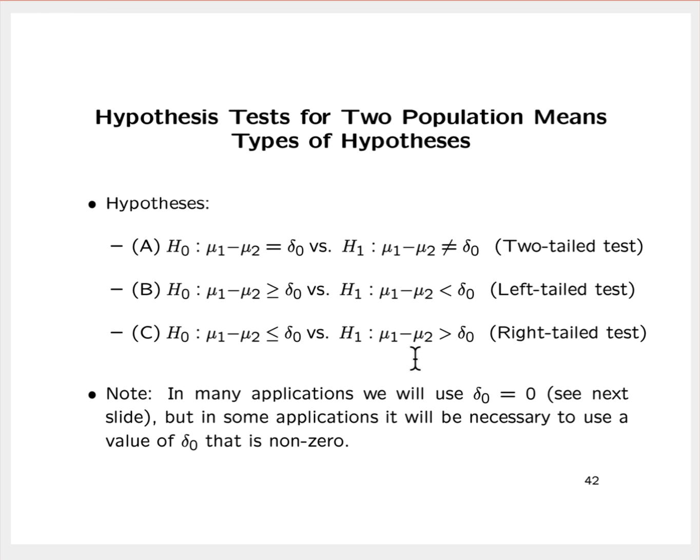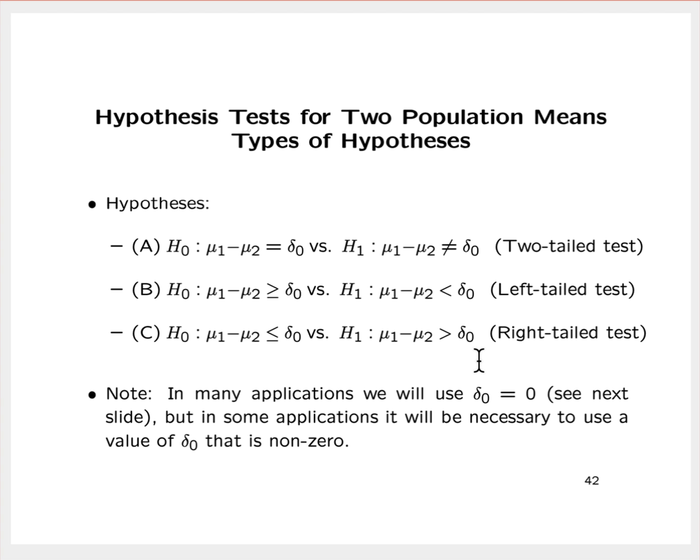Now, these hypotheses are stated very generally, allowing for any value delta 0 that is pertinent or applicable or relevant in a given situation. But in many situations, the value of delta 0 that is used will be 0.